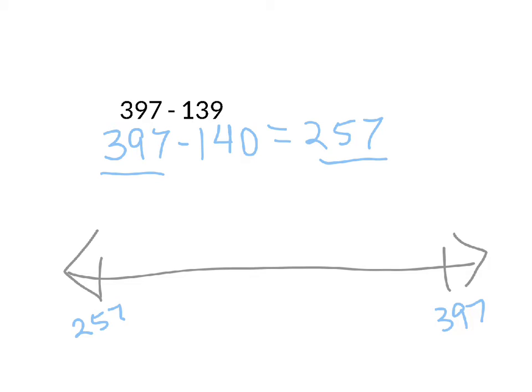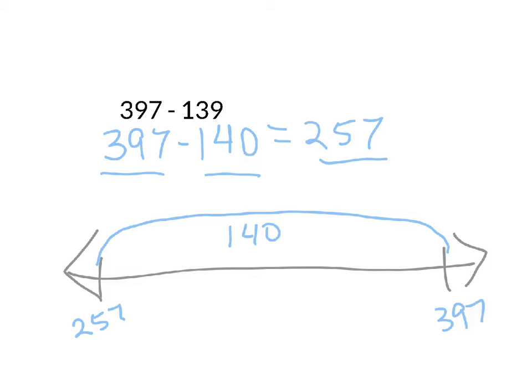And I know that if I take 140 from 397, I'm going to get 257. So if I go backwards 140, that's where I am, 257.